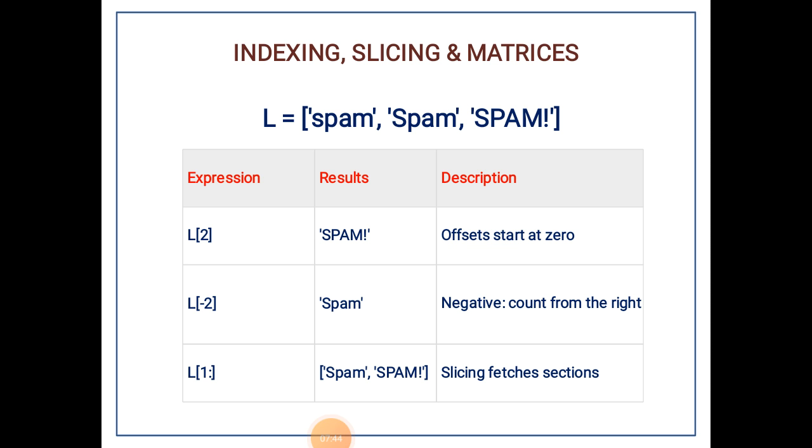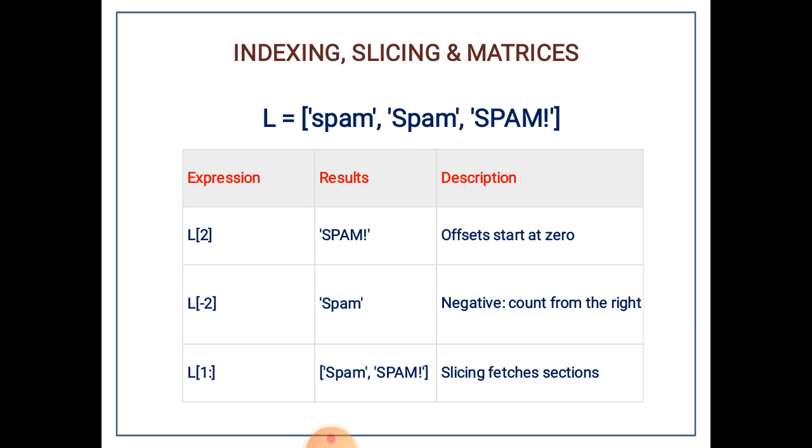Now coming to the next topic in operations on a list, we see that there is indexing, slicing and matrices in Python. So let us take an example of a list. The name of the list is capital L, and we see there in the list 3 strings, the first string, second string and the third string.